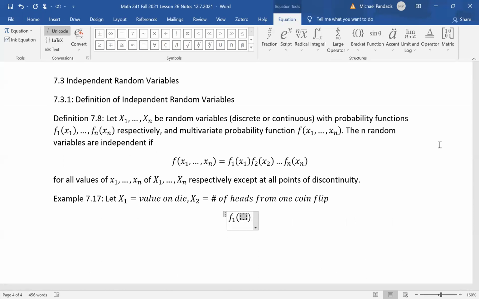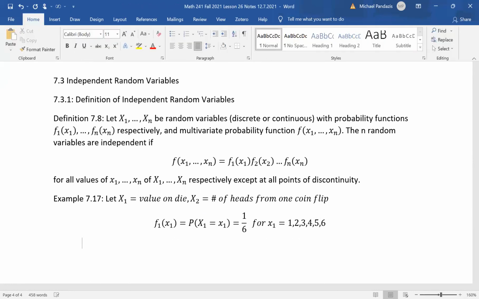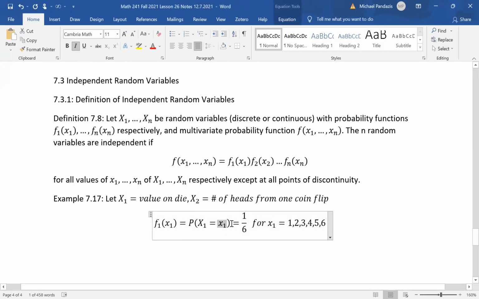If it's tails, 0. f sub 1 of x1 is equal to the probability that X1 is equal to little x1. And so this is equal to 1/6 for x1 any of the values from 1 to 6. The probability that capital X1 takes on any of the values from 1 to 6 is 1/6.